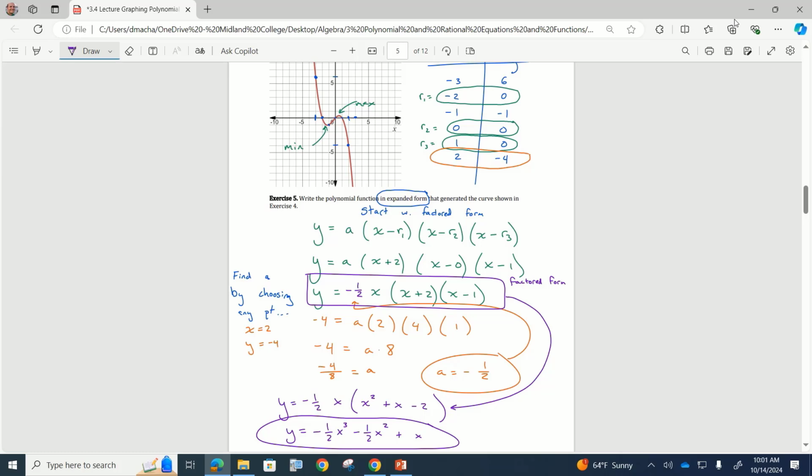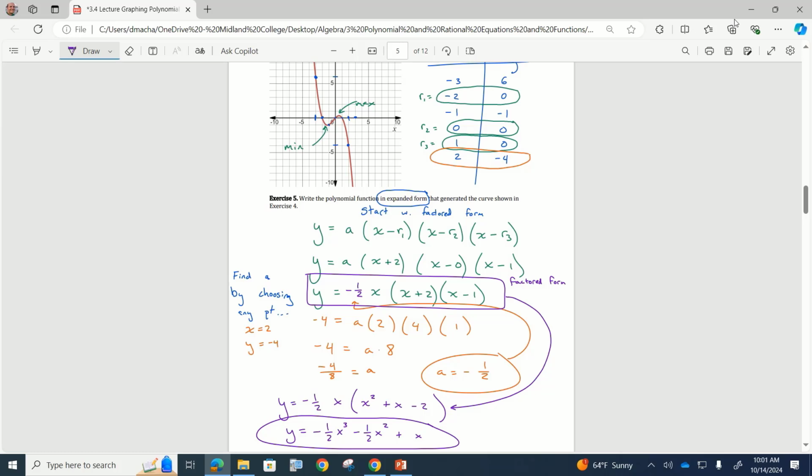If you wanted to check your work, how could you check your work? Right? If you're taking a test, you want to make sure you didn't miss any points on your test. I could check my work just by picking one of these points that I haven't already used. And maybe I want to plug in x equals -1 down here.